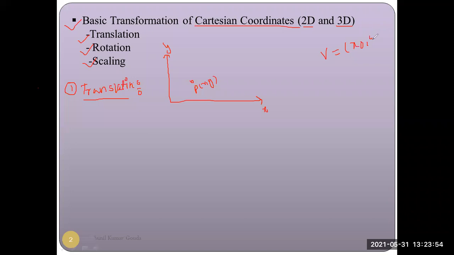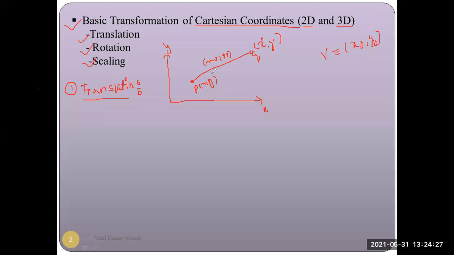If I translate this point by the vector x naught y naught, it will shift to a new position. Suppose the new position is Q, and let me give the coordinate as x dash and y dash. Fine, x dash and y dash. Clear?